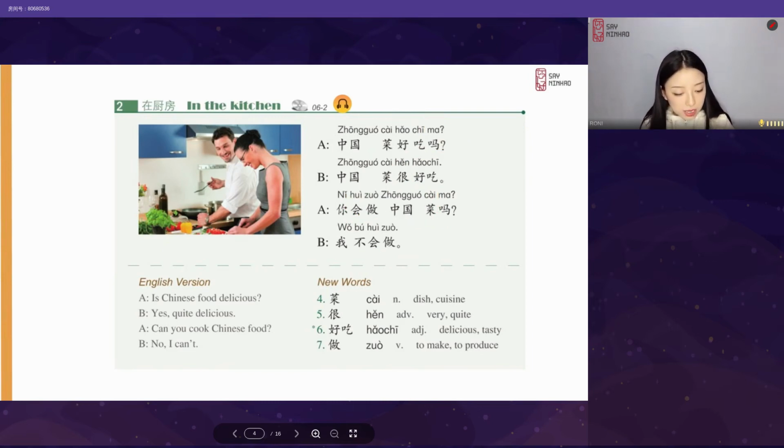Read after me, please. 中国菜好吃吗？中国菜很好吃。你会做中国菜吗？我不会做。Okay, now let's read it in rows.